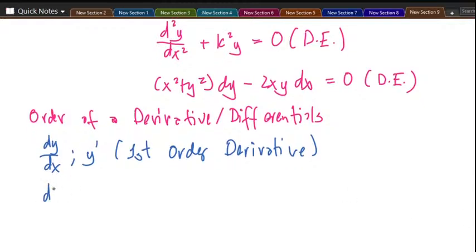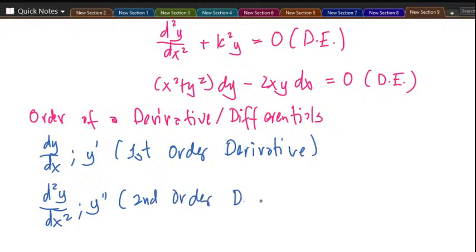Then we have also d squared y dx squared, or we have that one double prime. Again, the proper nomenclature of this one is the second derivative of y in terms of x. So this is a second order derivative.